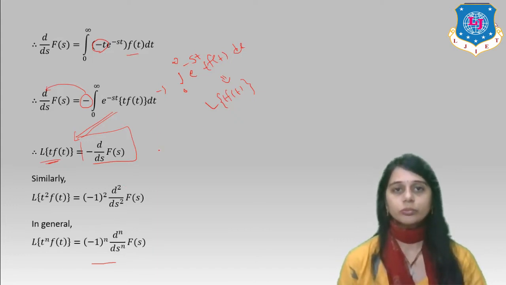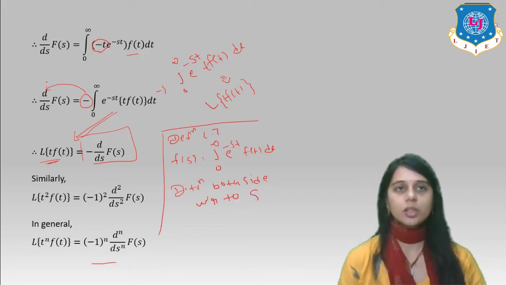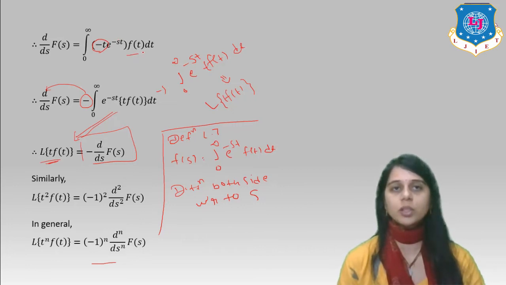First of all, to summarize, we take the definition of the Laplace transform. So f of s equals the integral from 0 to infinity e raised to minus st f of t dt. Next step, taking differentiation on both sides with respect to s, we get d by ds f of s equals the integral from 0 to infinity of minus t e raised to minus st f of t dt.